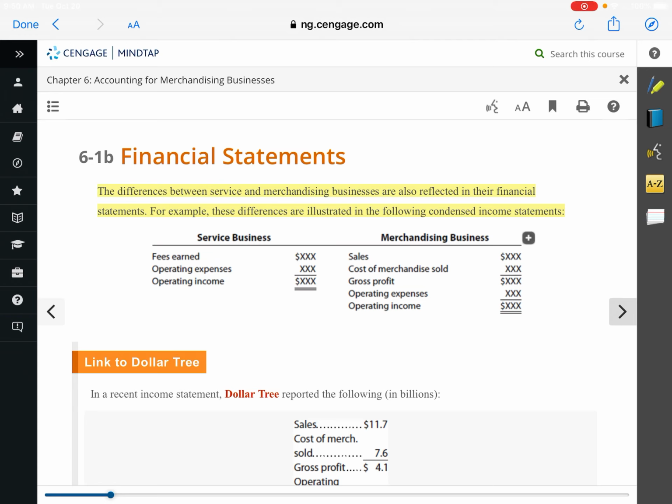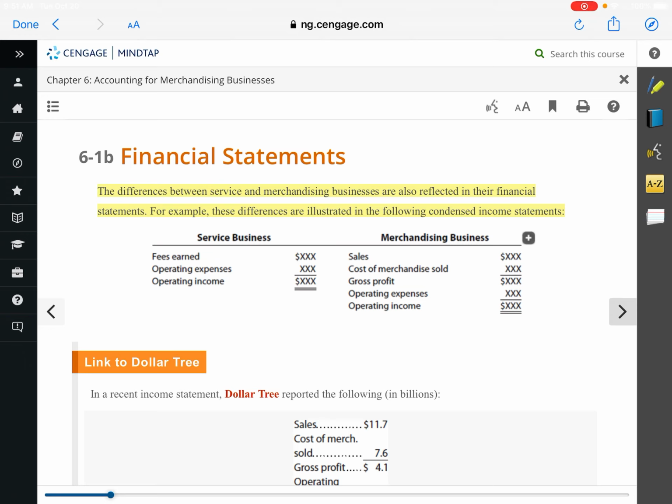Now on the merchandising side, that's eventually what we're going to get down to, operating income or net income for our purposes. So we're still trying to solve for the same thing. It's just that with a merchandising business, we have this extra step because we've gone out and purchased these pieces of inventory from another vendor, and now we have to sell them.